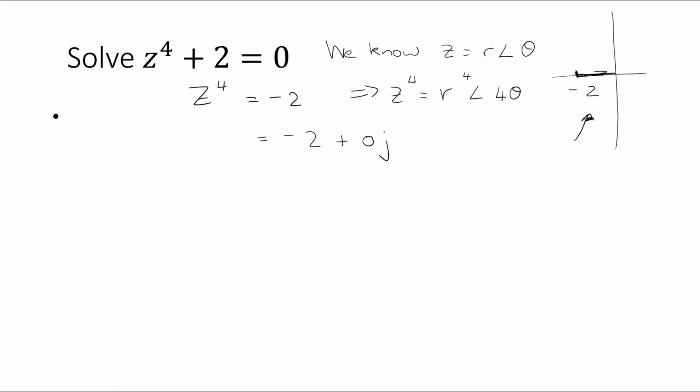And in order to write that in polar form, we would have written that it was actually 2, because its length is 2, angle pi, and then because we can go around lots of times, it would be pi plus 2k pi, where k is 0, 1, 2, and 3.